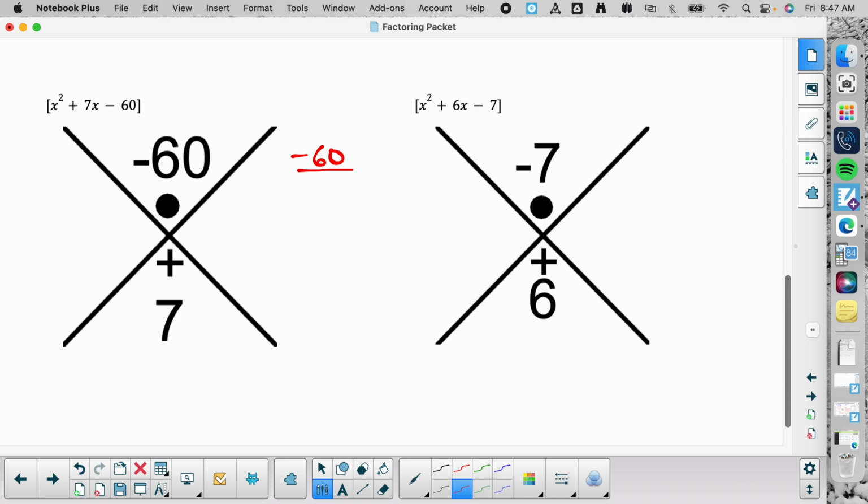Let's see, so 1 and 60, 2 and 30, 3 and 20, 4 and 15, 5 and 12, 6 and 10. 7 does not go into it, 8 does not, 9 does not. Okay, now what I didn't write down is the negative symbols, because I wanted to save space. So one of these numbers has to be negative.